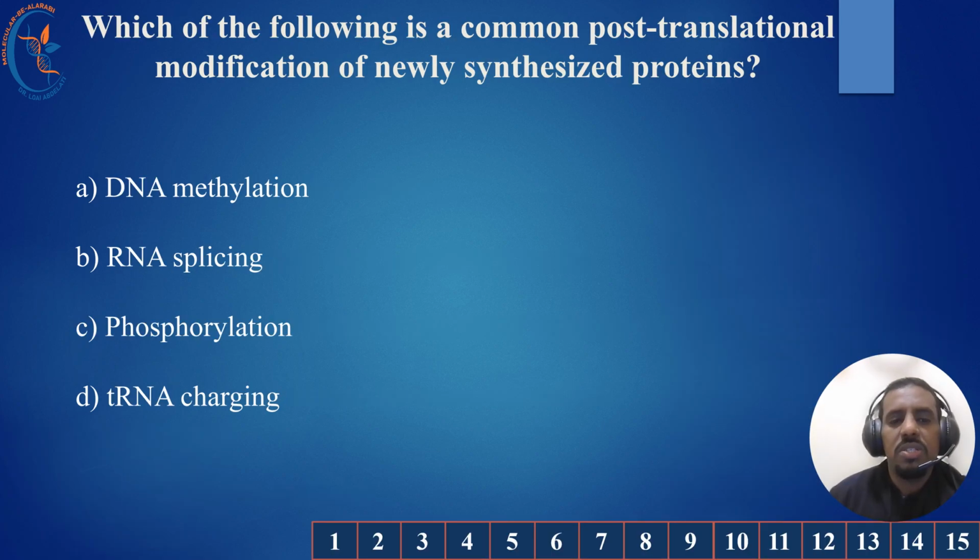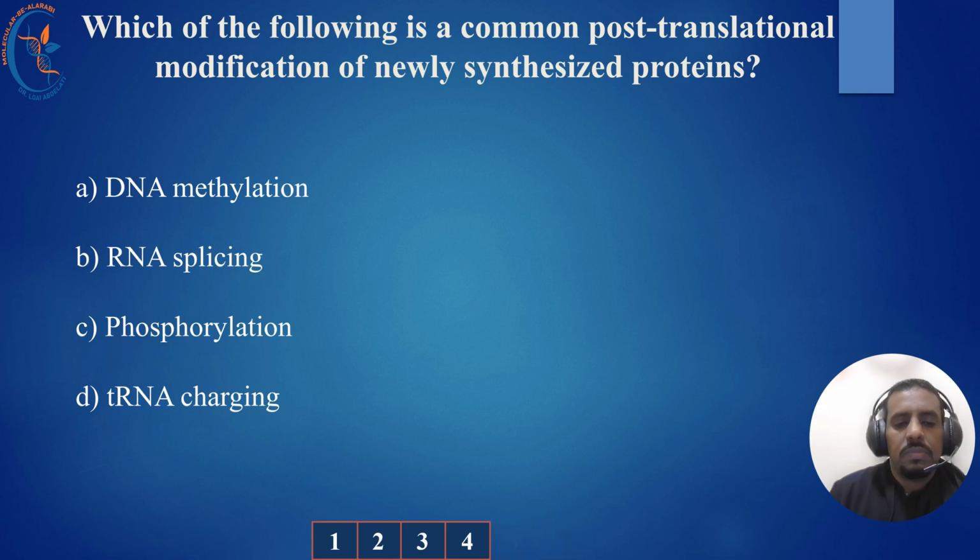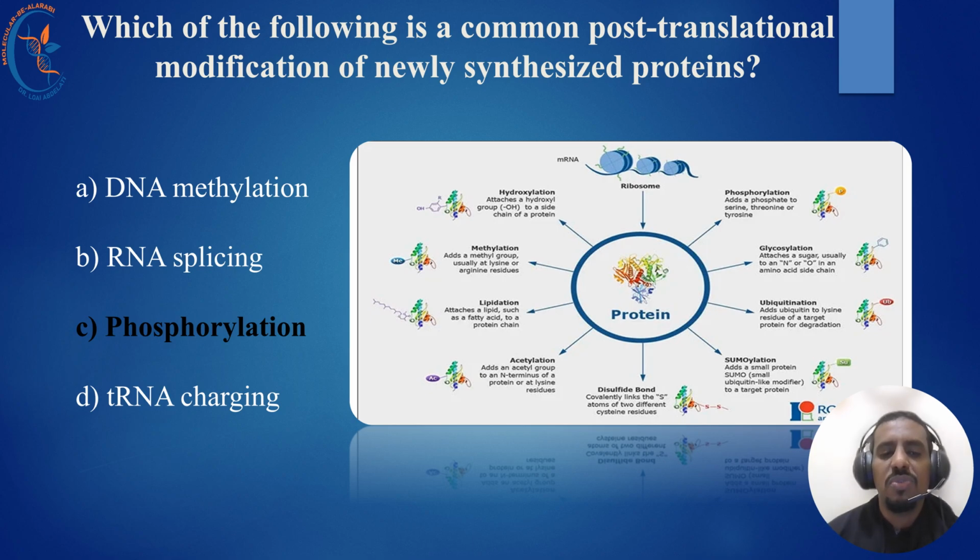All right, let's move on. Okay, the next question is, which of the following is the common post-translational modification of newly synthesized protein? The correct answer is phosphorylation. Phosphorylation is the common post-translational modification of newly synthesized protein.